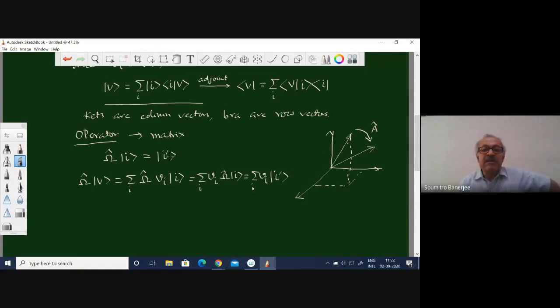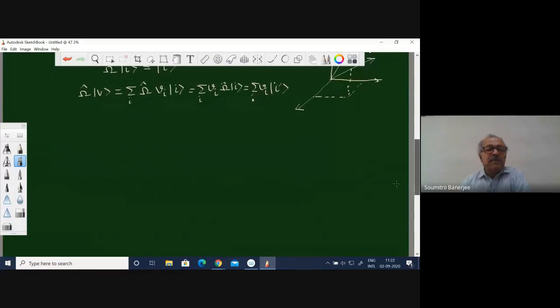So that's what we have obtained. It essentially means that if we know the action of an operator on the basis vectors, we also know the action of the operator on any vector in that space. Great, so on that basis, let us proceed.